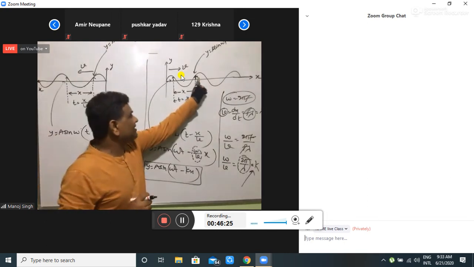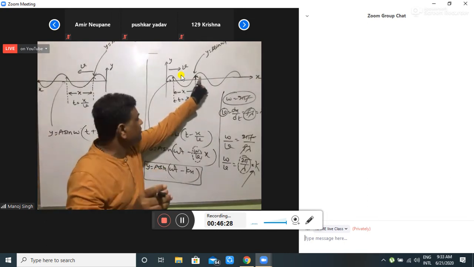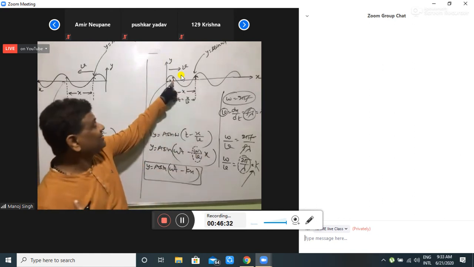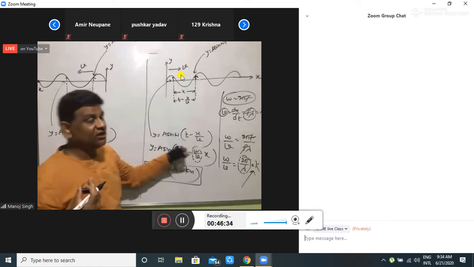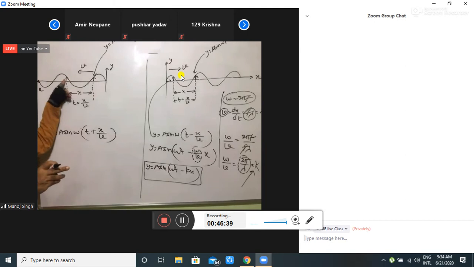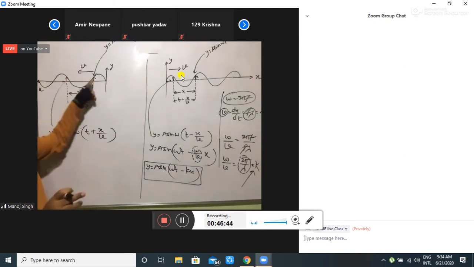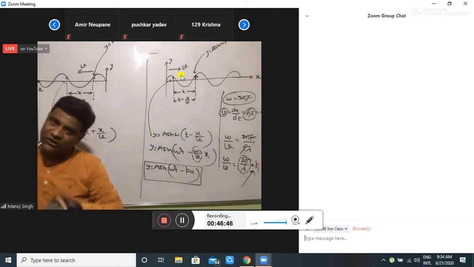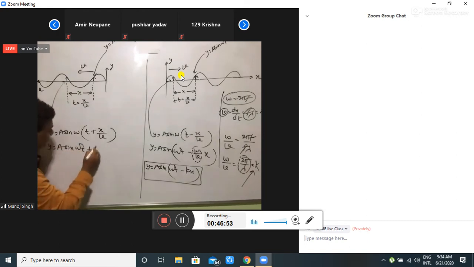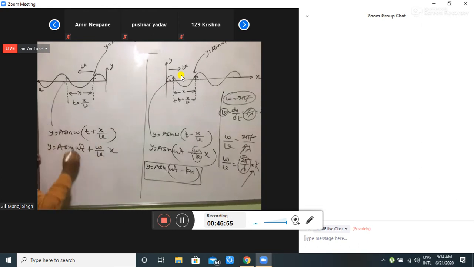This particle is disturbed at a time t; with respect to it, the earlier particle was disturbed at t minus x by v, and the next will be disturbed at t plus x by v. This will be the equation here now: y is equal to a sine of omega t plus omega by v into x.